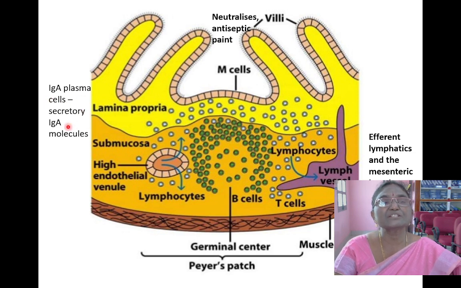These IgA plasma cells secrete secretory IgA molecules. Now these IgA molecules enter into the lumen of the intestine to neutralize microorganisms like virus, bacteria or any disease causing germ, and also block that microorganism by making an antiseptic paint around it.